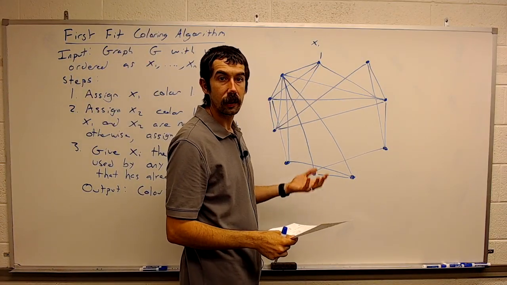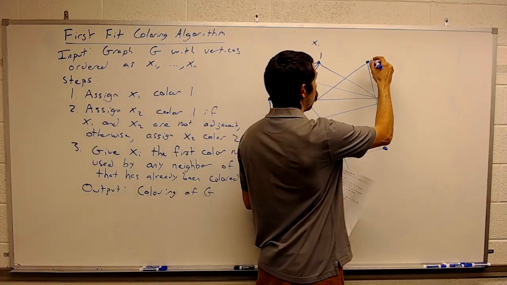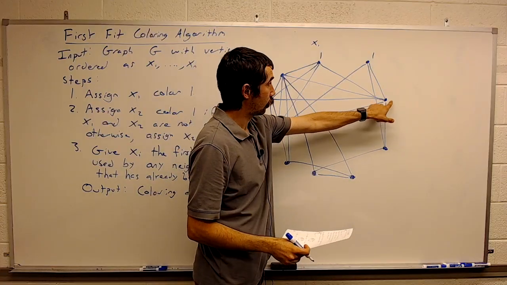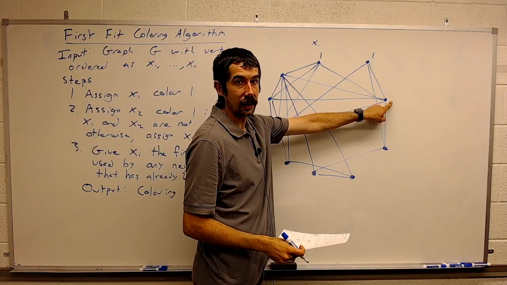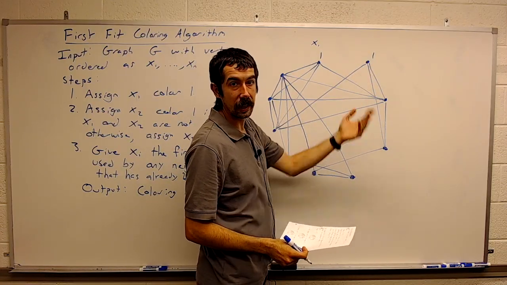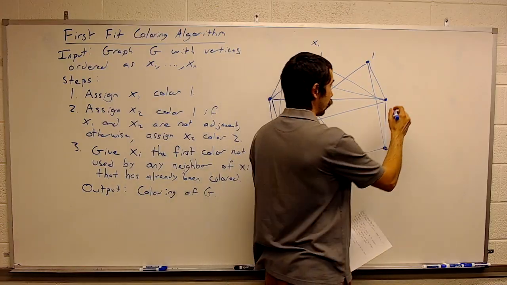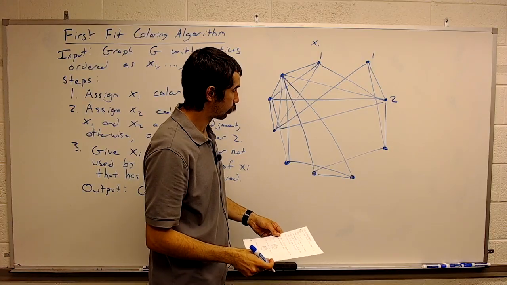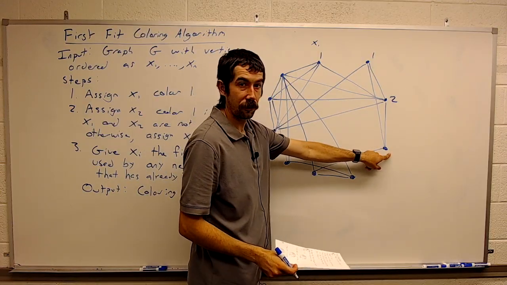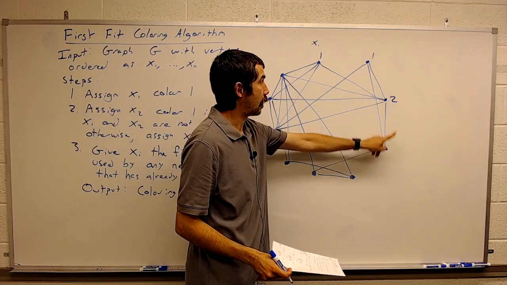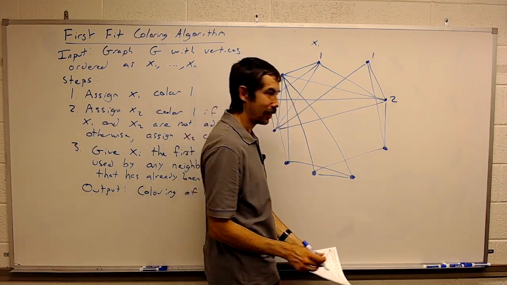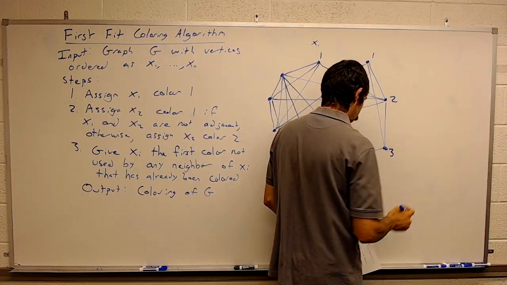No. So we could assign x2 the color 1 as well. x3 is neighbors with things that are labeled 1, so we have to label it 2. x4 has neighbors of 1 and 2, so we have to label it 3. You see how this works? It's very simple.